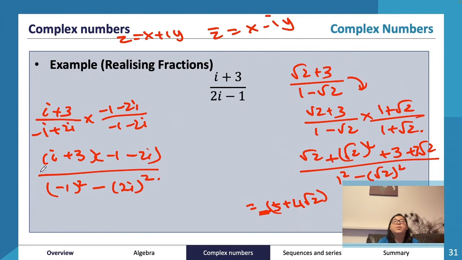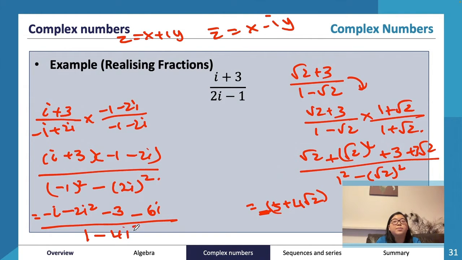So when we put that across, we'll get that this top part is going to be i - 2i² - 3 - 6i, and then this will be all over 1 - 4i², so i.e. 1 plus 4, because remember this cancels out to negative 1.